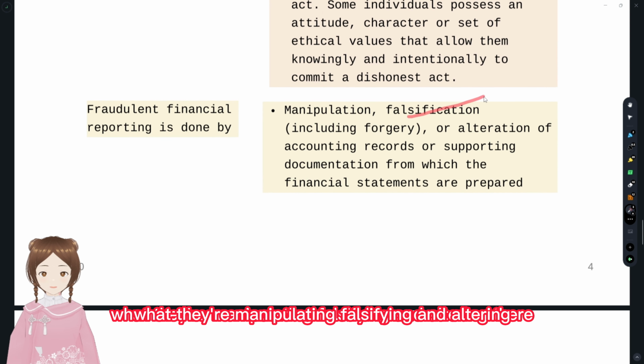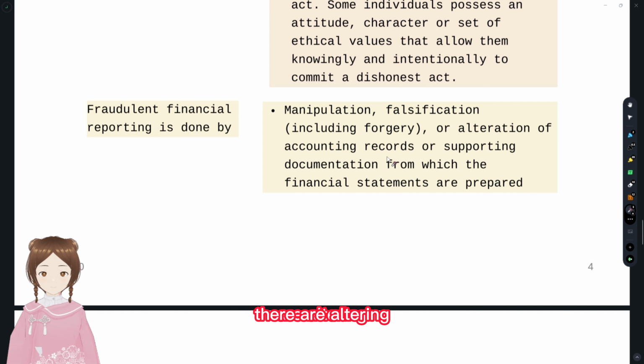What are they manipulating, falsifying, and altering? They're doing it to the accounting records and the documentation on which financial statements are prepared.